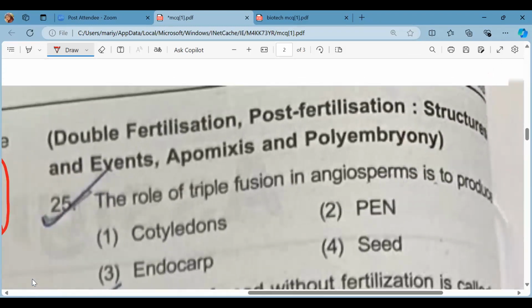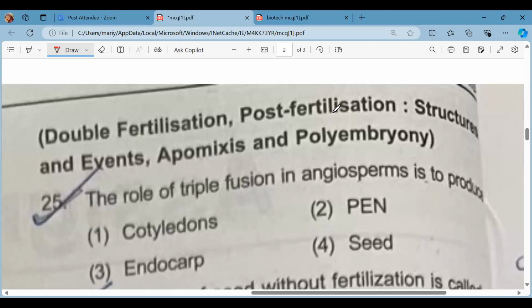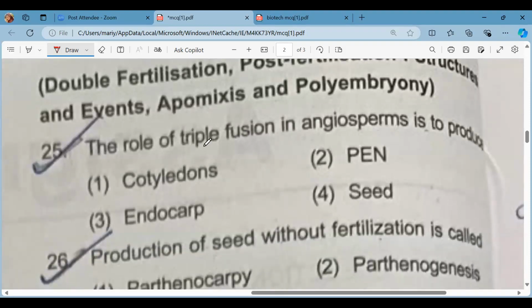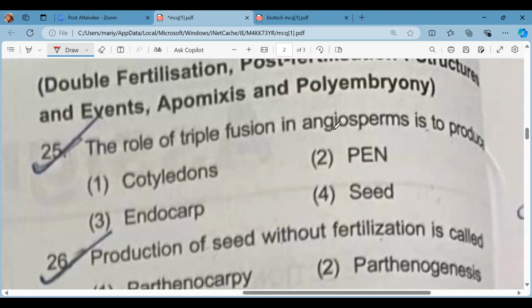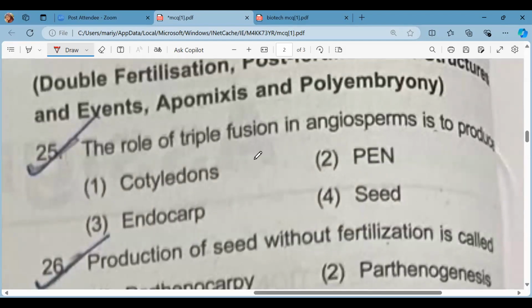All right. Now, from the double fertilization, post-fertilization structures, the role of triple fusion in angiosperm is to produce. Do you remember double fertilization, triple fusion? A little bit. I don't remember much, ma'am.